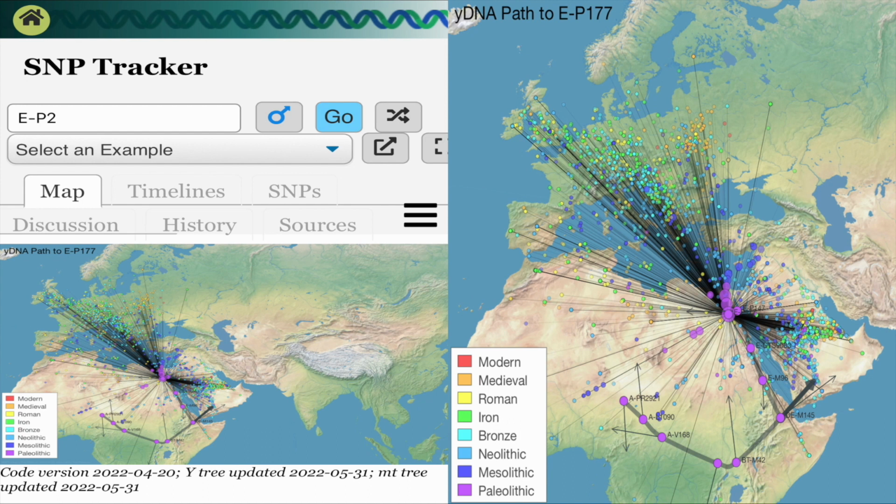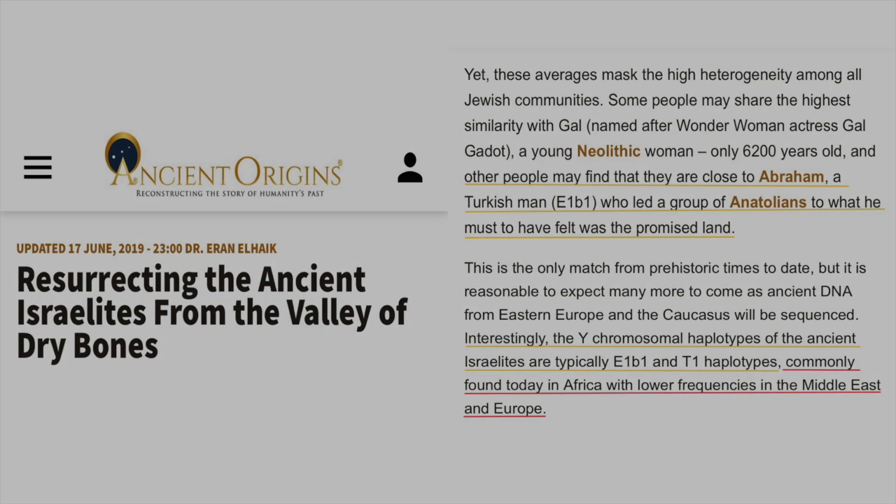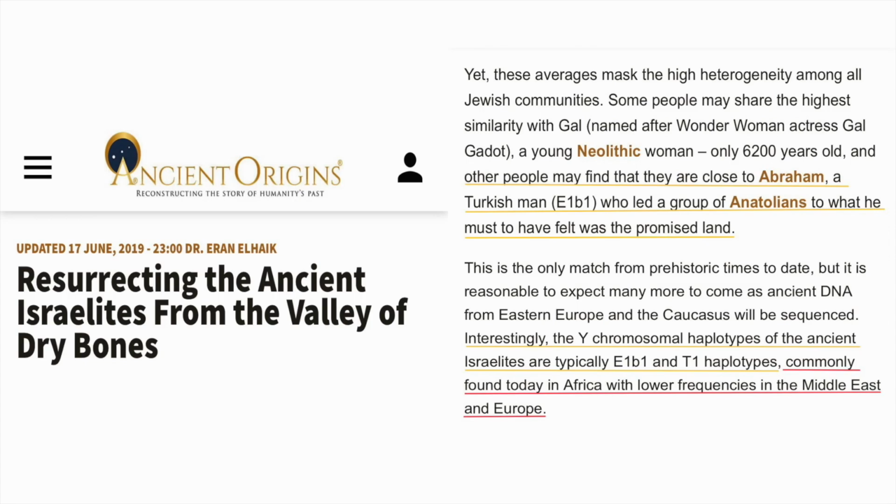Abraham as E1b1 leaves more possibilities open for who might be Israel. And it's not just me saying this. There are papers that illustrate that Abraham could be E1b1. According to the article titled Resurrecting the Ancient Israelites from the Valley of Dry Bones, it reads, other people may find that they are close to Abraham, a Turkish man, E1b1, who led a group of Anatolians to what he might have thought was the Promised Land.